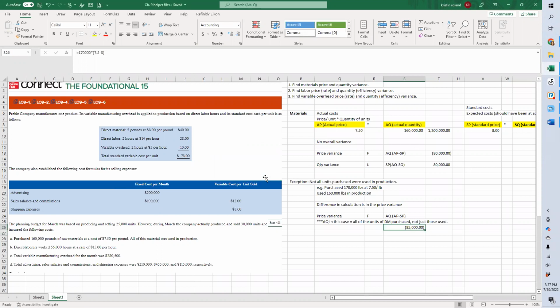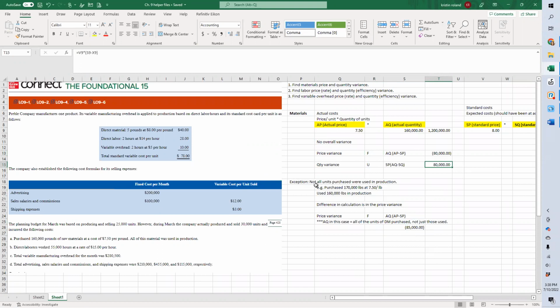So that's going to give me a slightly different price variance. Right now it's 85,000 favorable. And therefore, this variance plus this variance are not going to agree to the overall variance.